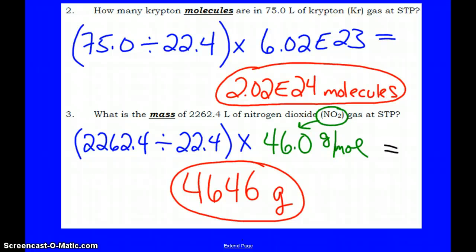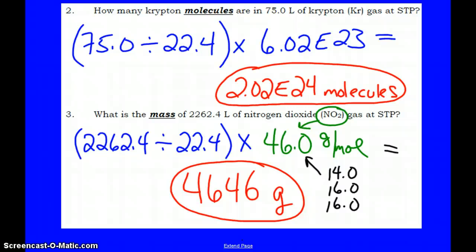And so divide by 22.4, multiply by 46, because nitrogen is 14, and then there's 2 oxygens, so that adds up to 46, and that's how we get the 46 grams of nitrogen dioxide.